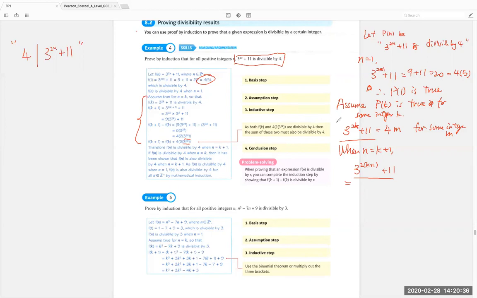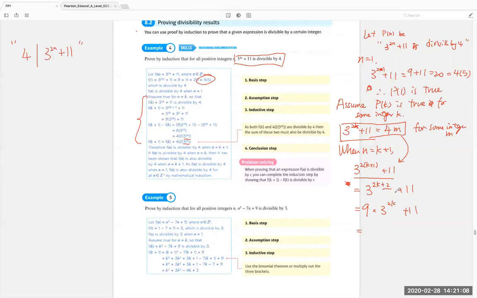How can you substitute this formula into this equation? That's what you need to think about. So what I will do here: 3 to the power 2k plus 2, plus 11, and then I extract the plus 2 outside. That means it's 9 times 3 to the power 2k. Any question here? No.